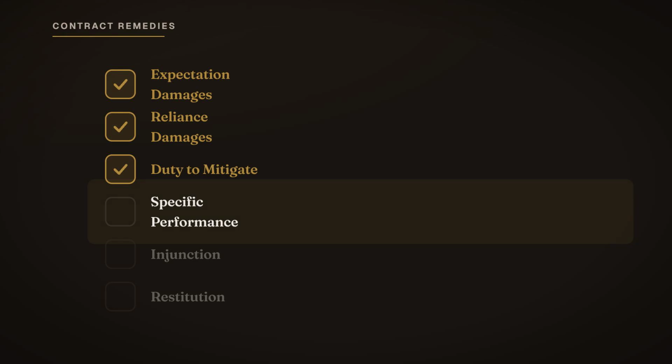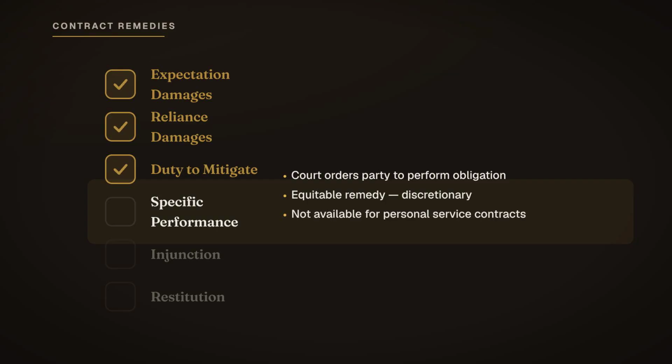Specific performance is an equitable remedy that orders a party to actually perform their contractual obligations. Because it is equitable, it is discretionary. Courts will not award it automatically. It is unavailable for contracts of personal service, and courts will refuse it where compliance would be impractical or disproportionate. In Cooperative Insurance Society v.